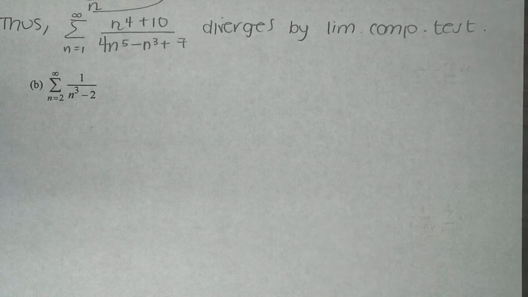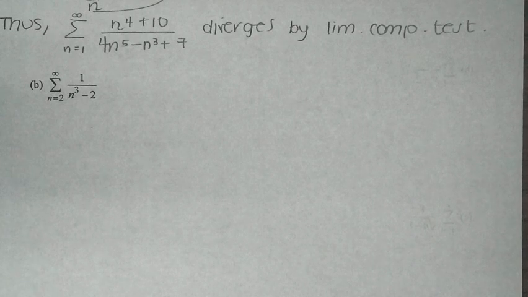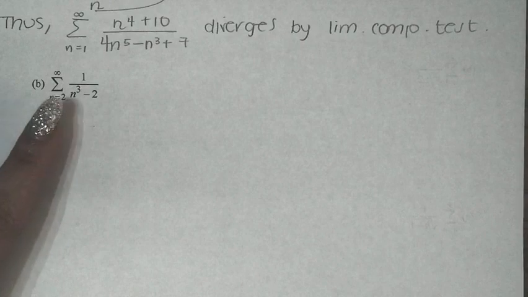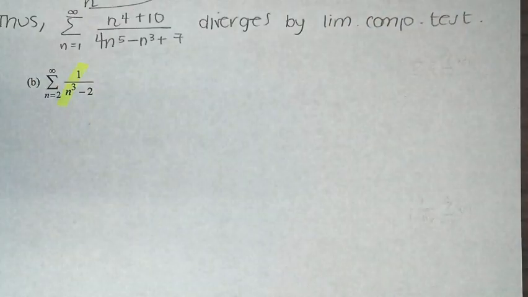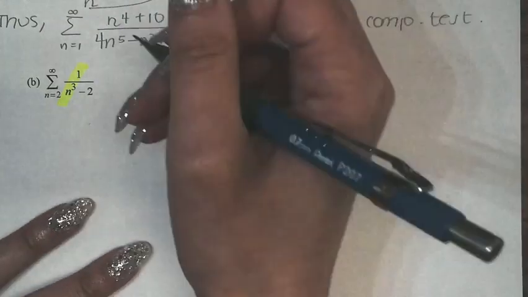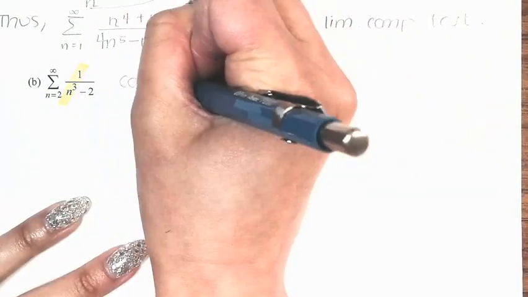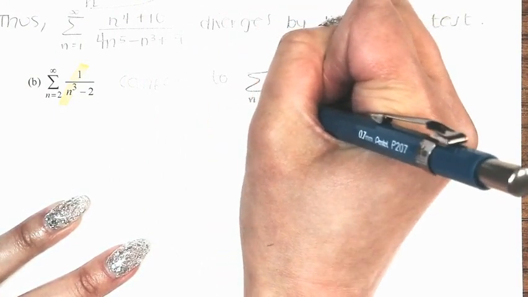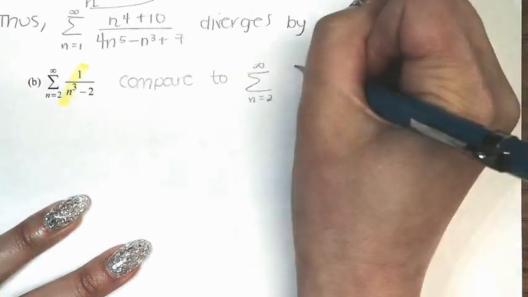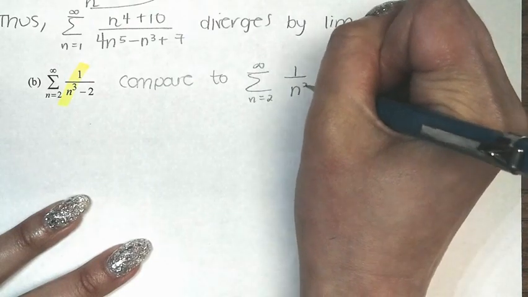The next one that we have over here is pretty similar to the ones where we used the direct comparison. Why can we not use direct comparison? Like the ones from the previous page, you are going to compare to this beautiful series, from 2 to infinity of 1 over n power 3.